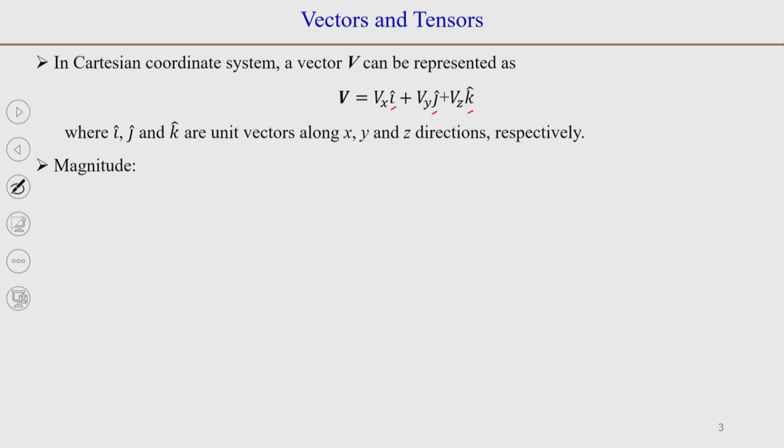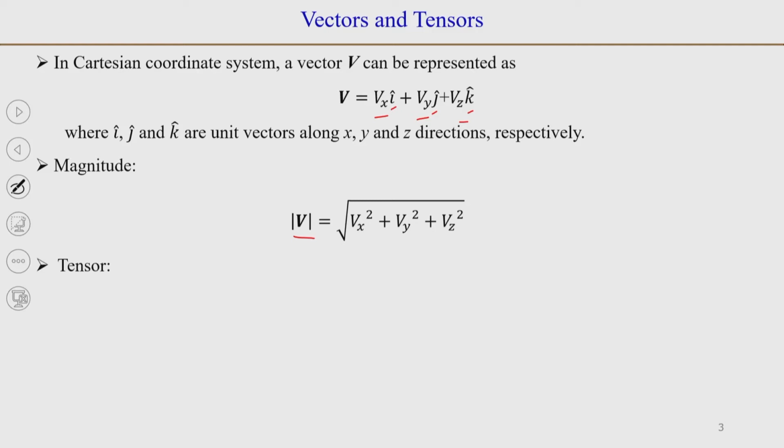So, for the magnitude of a vector v which has components v x, v y and v z along x, y and z directions, we can obtain its magnitude by summing up the squares of the three components and taking its square root. So, the magnitude, which is represented by 2 bars around the vector, is equal to square root of v x square plus v y square plus v z square.